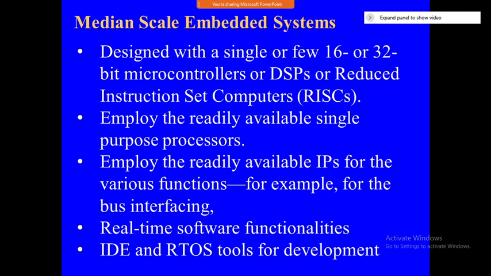IPs means intellectual properties for various functions, for example, for bus interfacing. Next, real-time software functionality, IDEs, and RTOS tools for development. See, these are the components. Whatever I am reading, these are all the components.